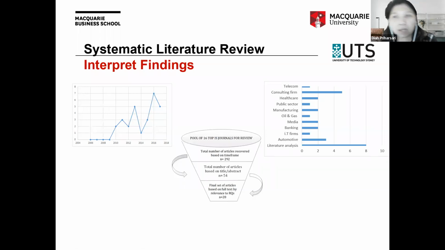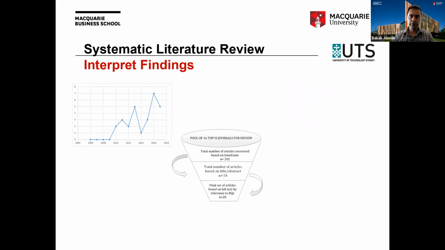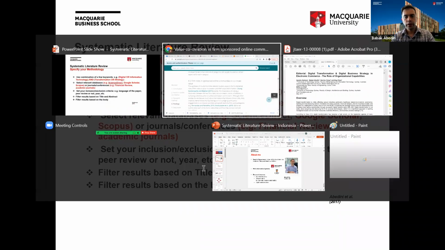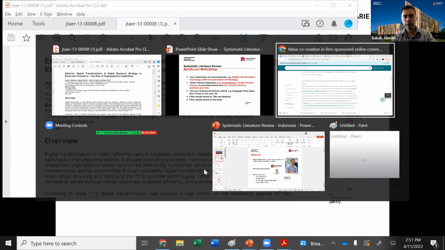What do you think? No, absolutely, you made a very good point. Interpretation of results, because this part, when you use the keywords, you go to Science Direct, is rather technical, it's rather mechanical.